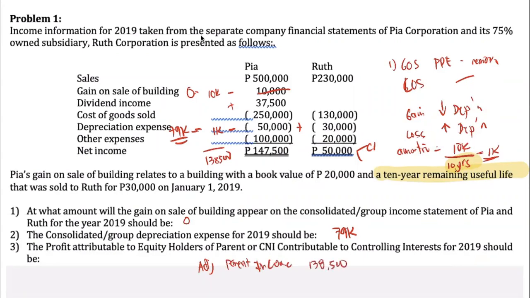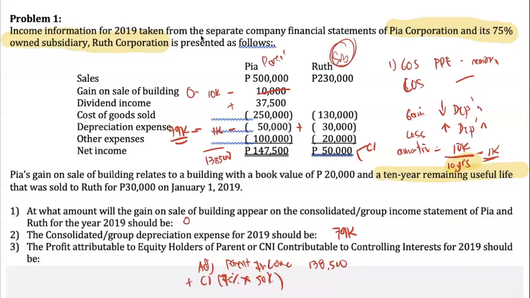Sir, why do you say that the parent is PIA? So sabi kasi dito, PIA Corporation and its 75% subsidiary Root. So si Root yung subsidiary, si PIA ay si parent. So pag tinanong kayo ng non-controlling interest, manggagaling yan kay subsidiary. Okay. Plus share on controlling interest income, we have 75% ownership multiplied by Root income of 50,000.